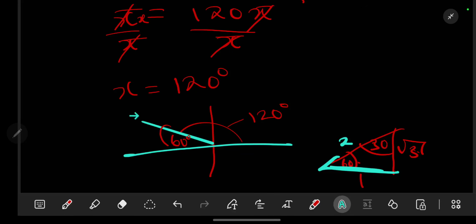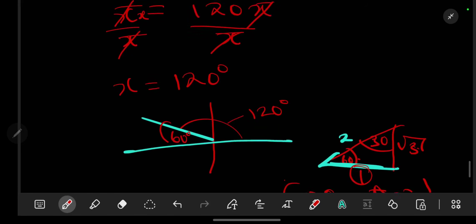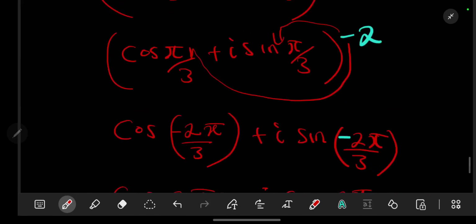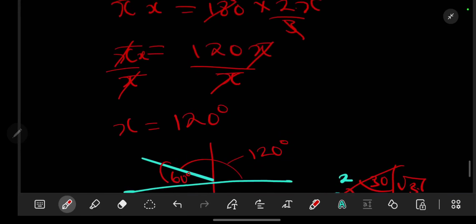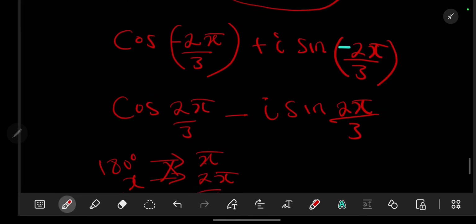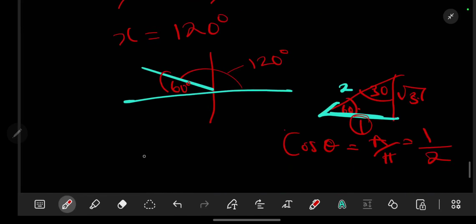Now, since it's in the second quadrant and cos is negative, remember the cos of theta is equal to adjacent over hypotenuse. In this case, adjacent is the base, which is 1, over hypotenuse, which is 2. But since it's in the second quadrant, it will be negative. So cos of 2 pi over 3 will be negative 1 over 2.